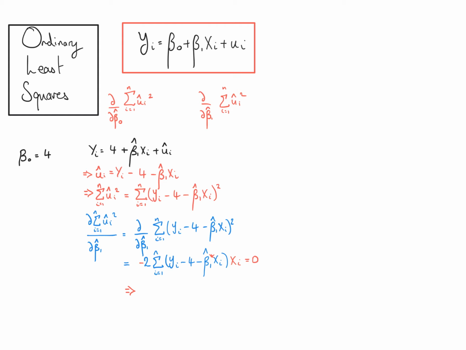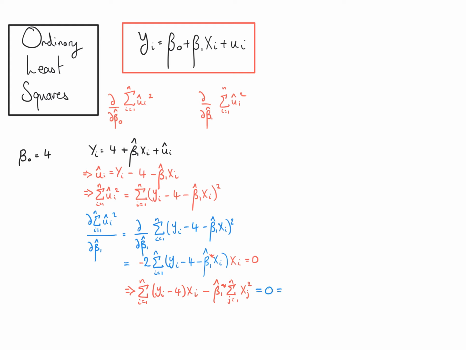So let's rewrite that as the sum from i is equal to 1 to n of yi minus 4 times xi, minus beta 1 hat star times the sum of the x squareds, is going to be equal to 0.